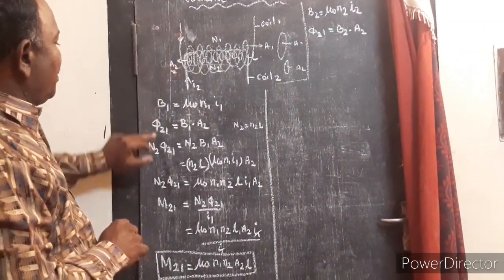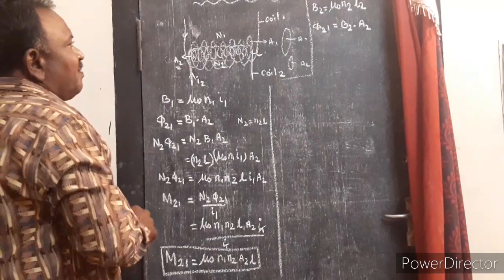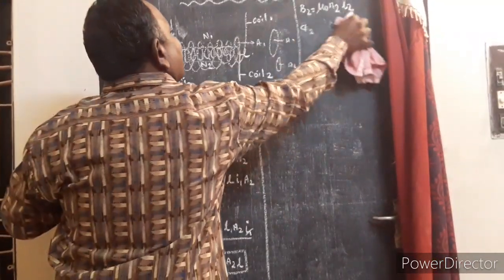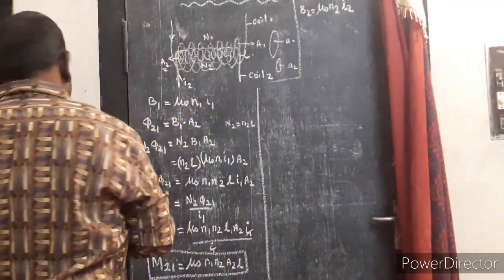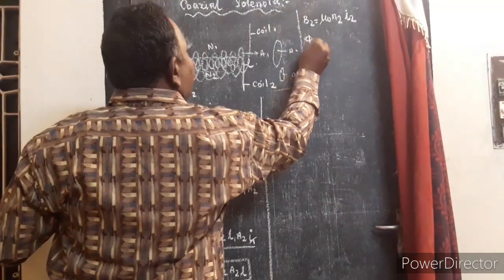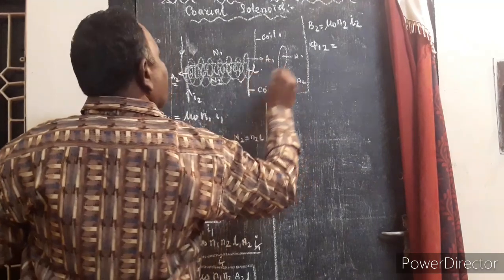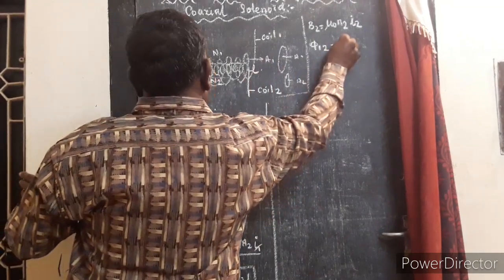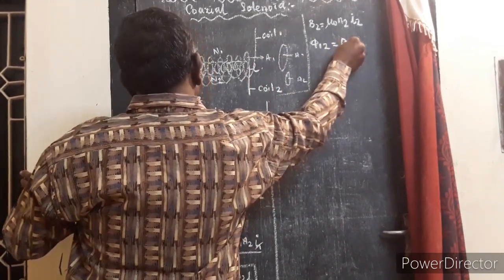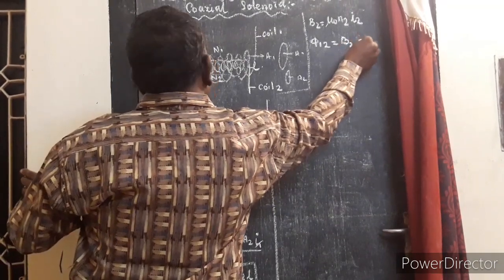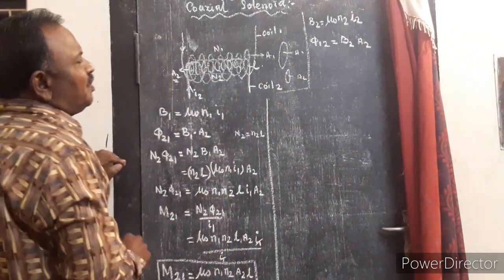Yes. Here we have to find it for the largest solenoid. So you will have phi 12 equal to B2 into A2.